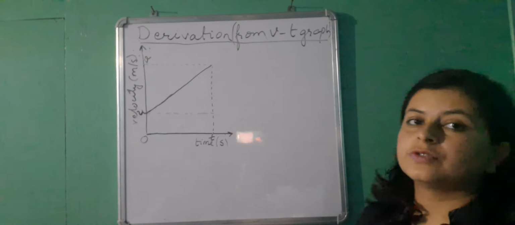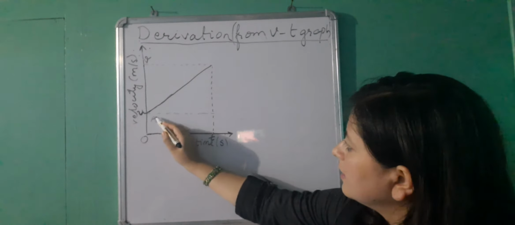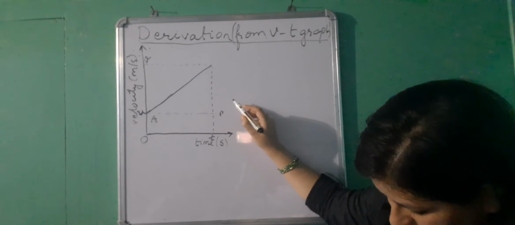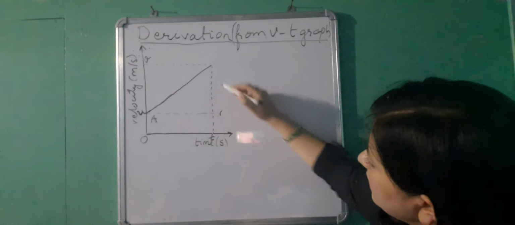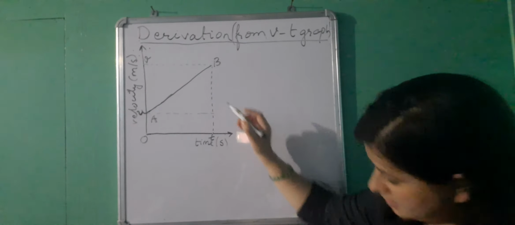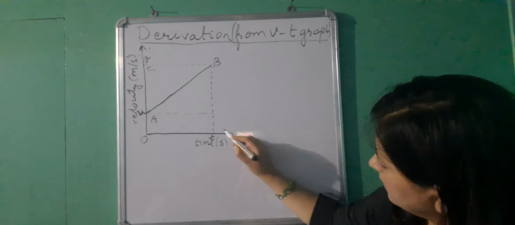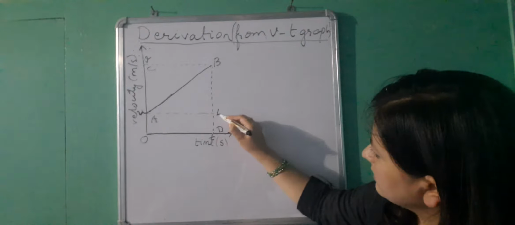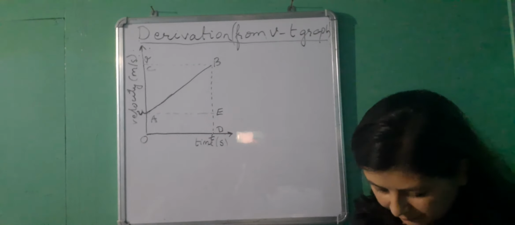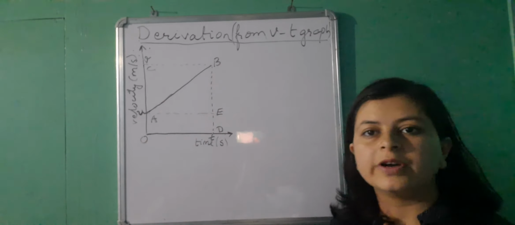Because we are just going to do it geometrically from now on, let us give the name A, B, AB to the straight line. This point can be named as C, then this point can be named as D, this point can be named as E. So for convenience we have given names to different points on the graph.